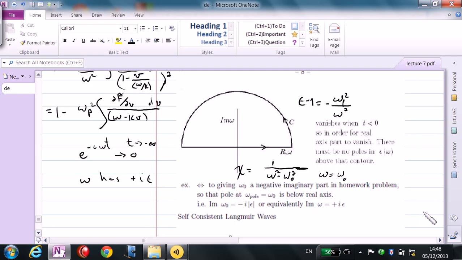I want the pole in epsilon to occur at a value of omega that's below the real axis.